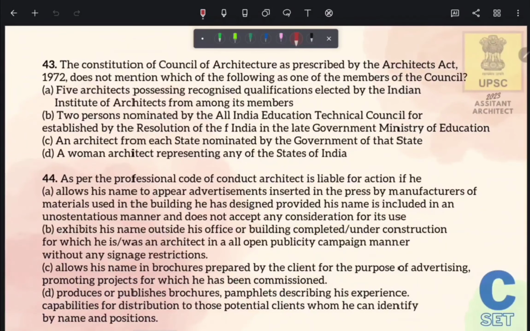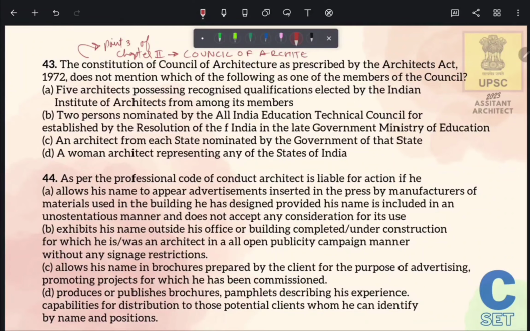Let's see next question, that is the Constitution of Council of Architecture as prescribed by the Architect Act 1972 does not mention which of the following as one of the member of the council. So this constitution related to Council of Architecture is mentioned in point 3 of chapter 2, which is Council of Architecture.